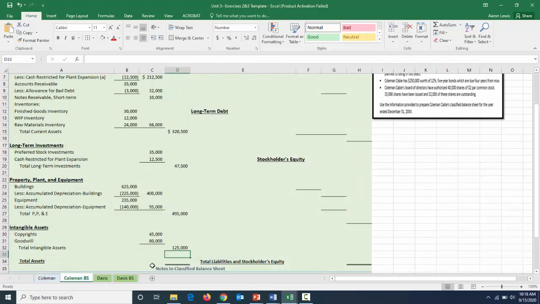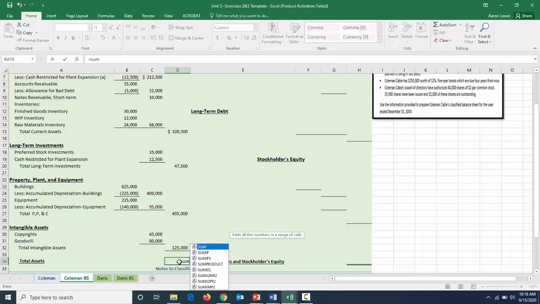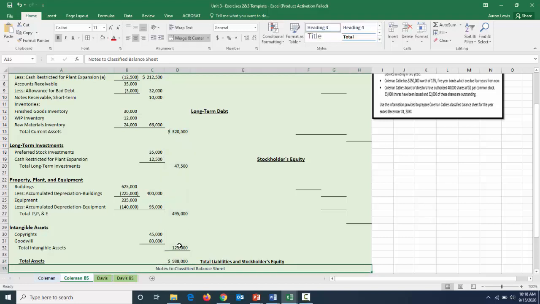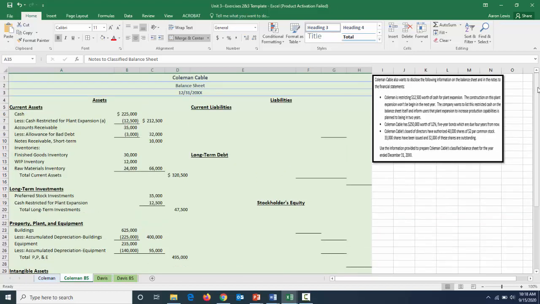So we can go through here and we can figure out what Coleman's total assets are by taking the sum of the totals for the different classifications, which we conveniently put in the right hand column, so it can just be the sum of this column. Coleman has $988,000 worth of assets, which means we can move on to our liabilities.